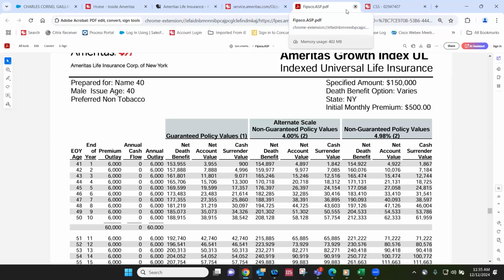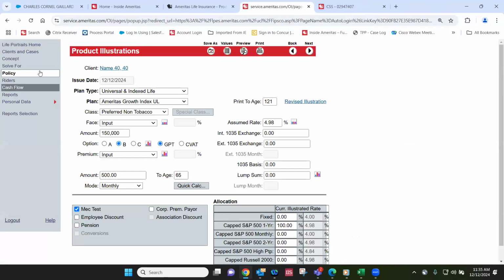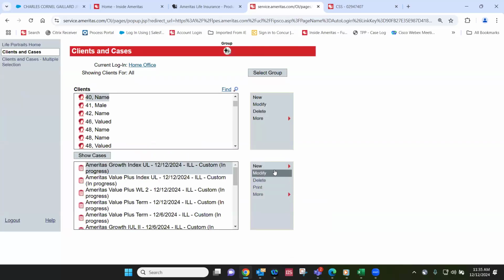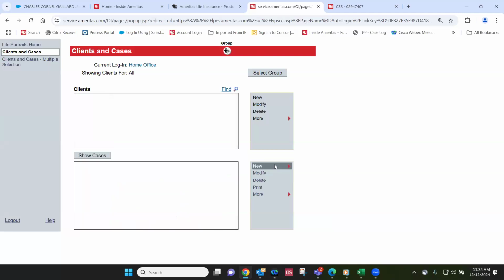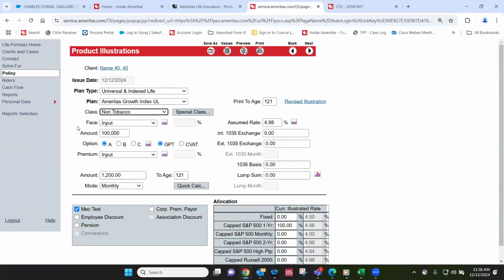Keep putting your questions in chat. I'm going to go ahead and go back to this 40-year-old gentleman. The other thing that Charles and I had spoken about was utilizing, on whole life, paid up additions to overfund a contract. So why don't we take a quick peek at that? So I'm going to start a new illustration.